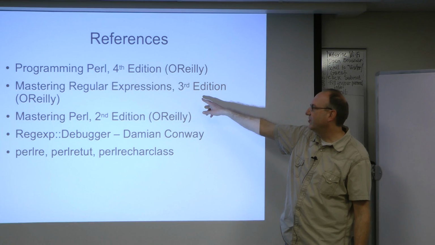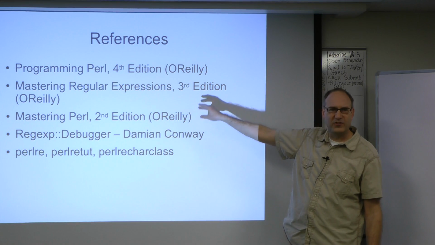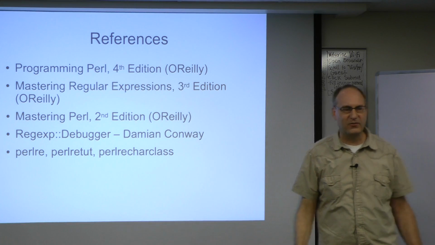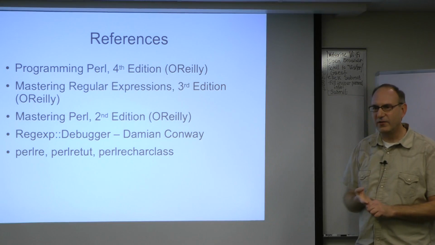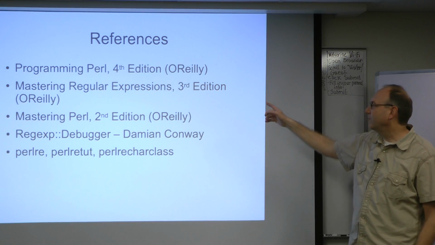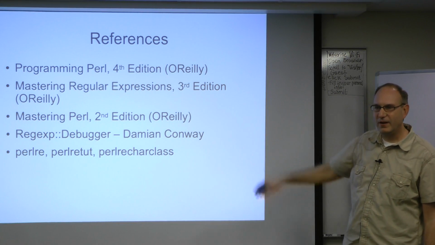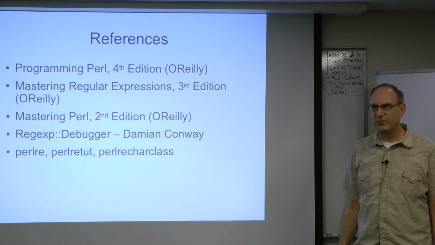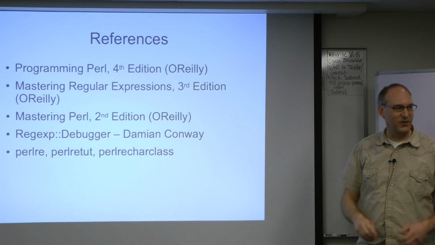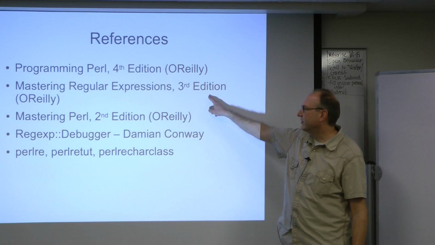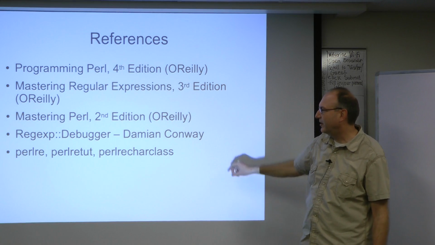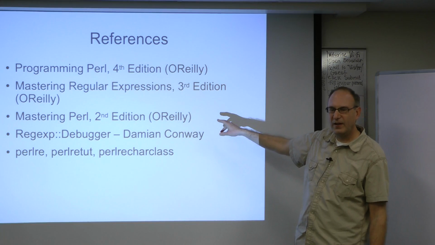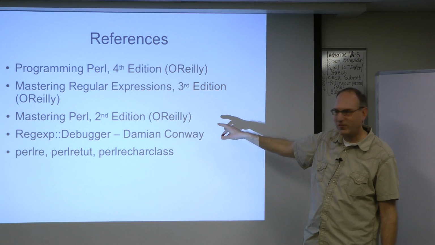Mastering Regular Expressions used to be a Perl-only book in the 1st edition, but now it's expanded to include Java and PHP, and I think Python is in there, sed and awk. That is the best book anywhere. Even though I think the most recent edition was written in 2005, it's still the best book anywhere on learning regular expressions. Mastering Perl, the 2nd edition, has a chapter that's pretty good on some of the more esoteric functions of regular expressions in Perl.